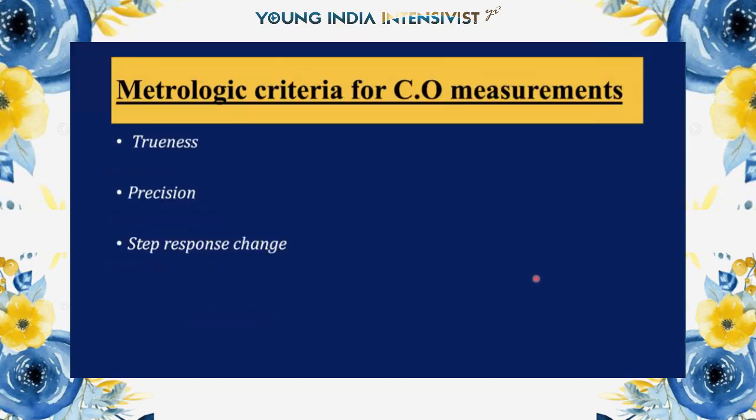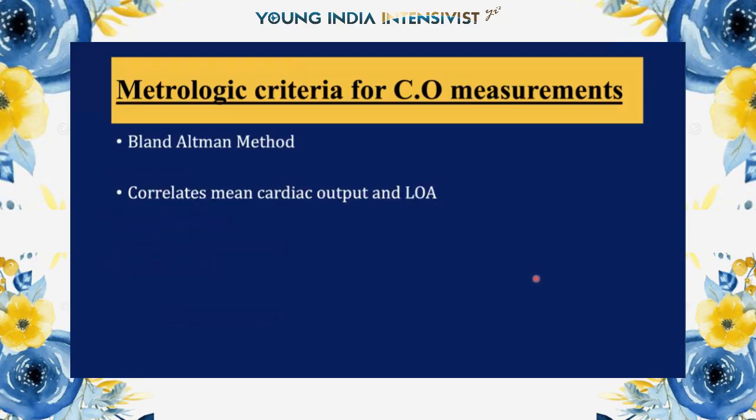And trueness refers to the agreement between the measurements and the reference value. For example, if you take the PA catheter as a standard value, and you're using the pulse wave transit time, how far these two values agree with each other, that refers to the trueness. Okay. And these are the various analytical methods which you can use.